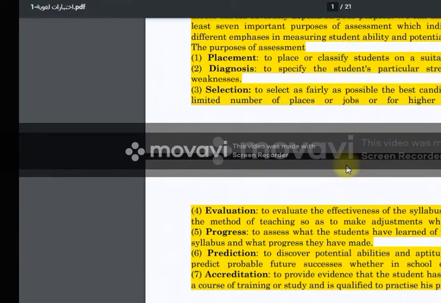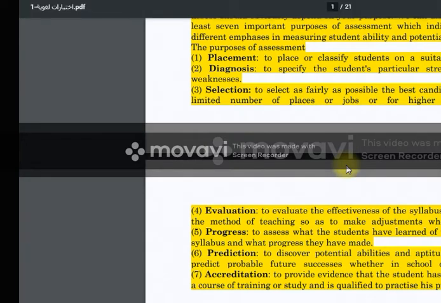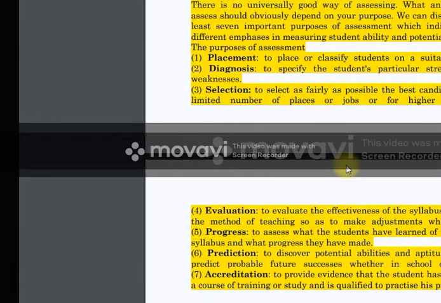So why do we want to evaluate the effectiveness of the syllabus as well as the method of teaching? In order to make the suitable adjustment, the suitable modification to the syllabus itself and to the method of teaching implemented by the teachers in this syllabus.